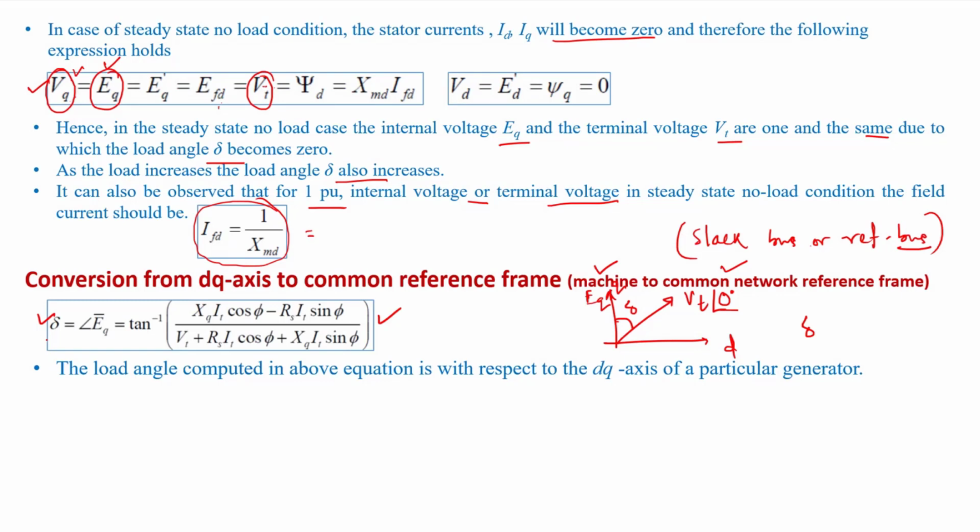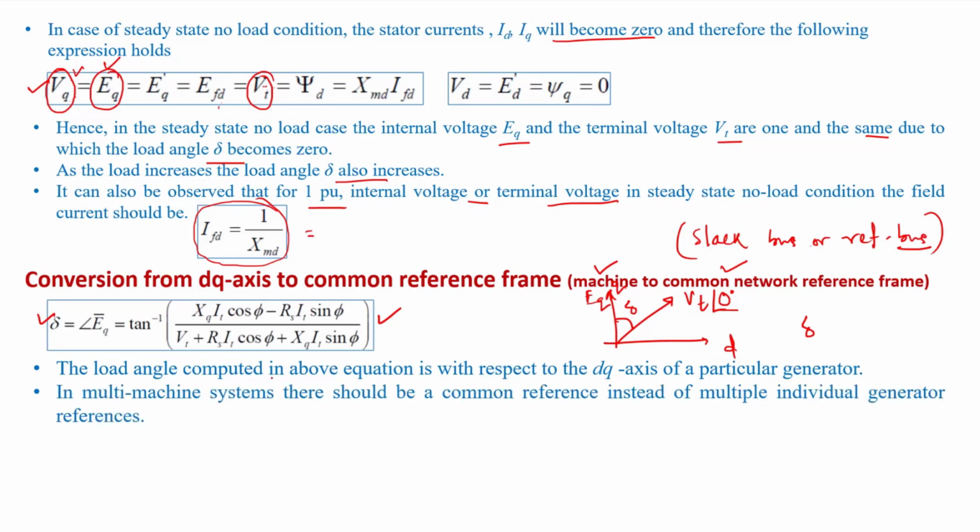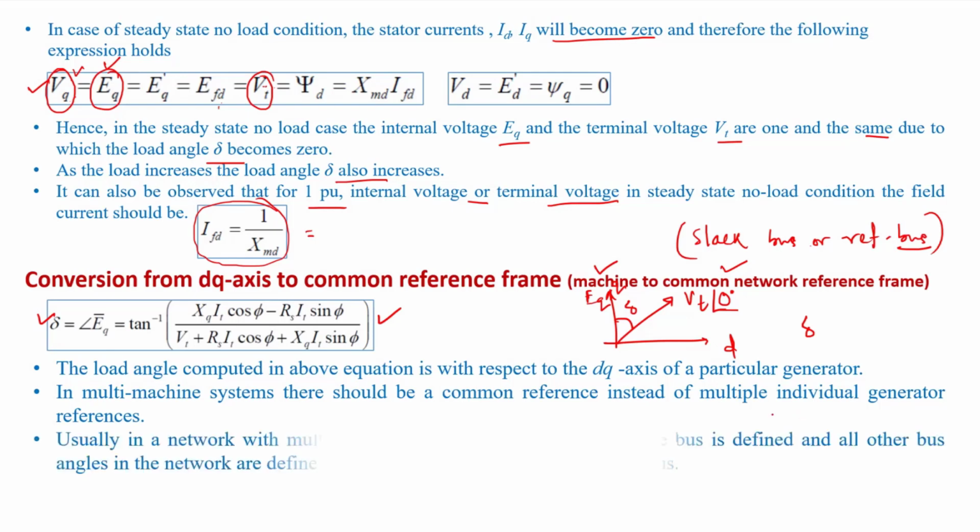But here this delta indicates the angle for a particular generator, that is, the angle between EQ or the Q axis and VT, right? But in the case of a multi-machine system, there should be a common reference instead of multiple individual generator references.